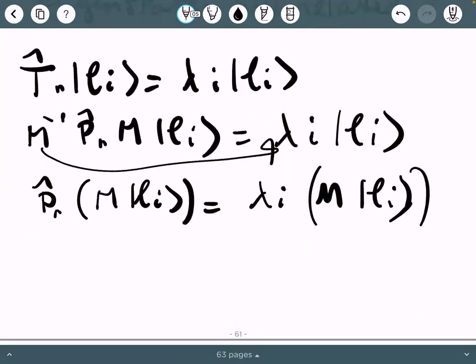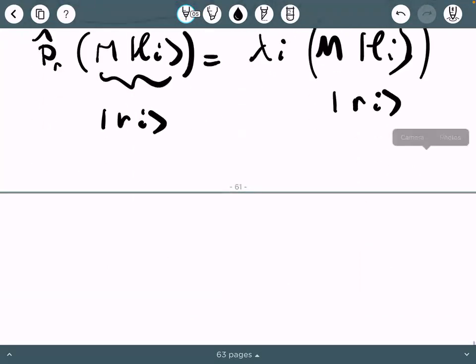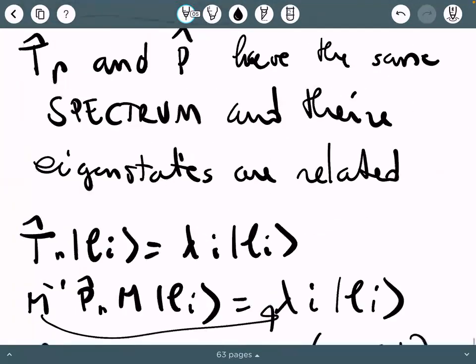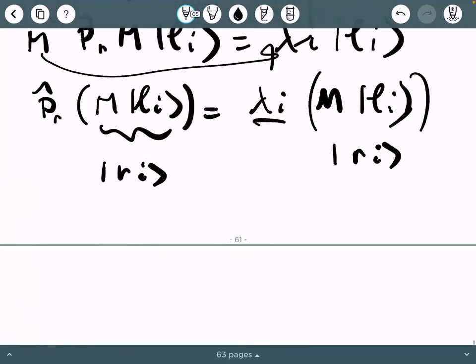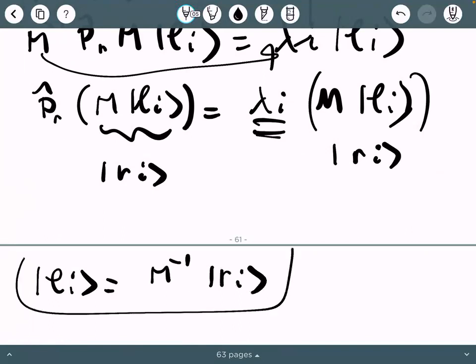So these are the right eigenstates, or the eigenstates of the propagator. All I've proven is that I have the same eigenvalues, lambda_i, and that the left eigenstates, once again, are given by M to the minus 1 times the right eigenstates, which is what we've always been saying.